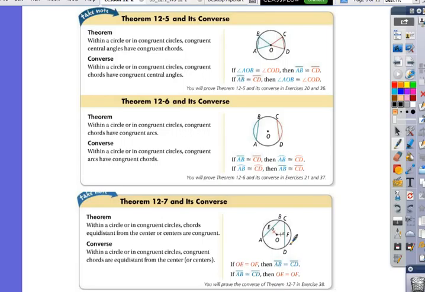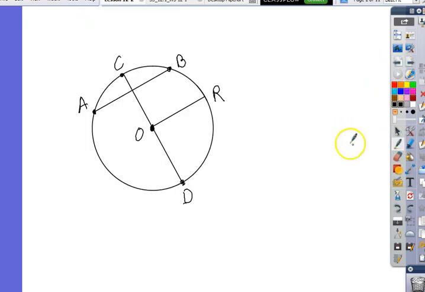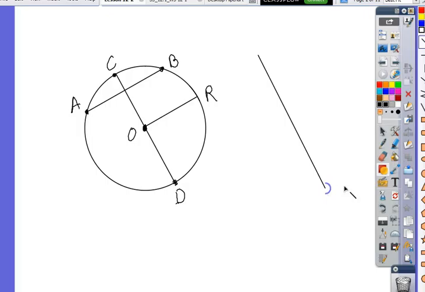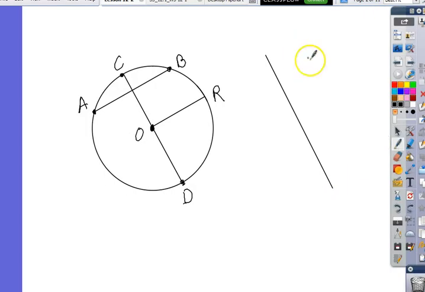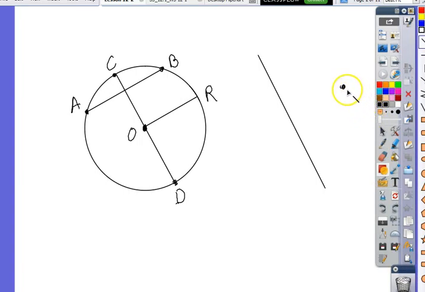What type of line? Because I can draw a bunch of lines from a point to a line. If I have a line right here, and then I have a point right here, I can draw a bunch of different lines from the point to the line. How do I know which line represents the distance?